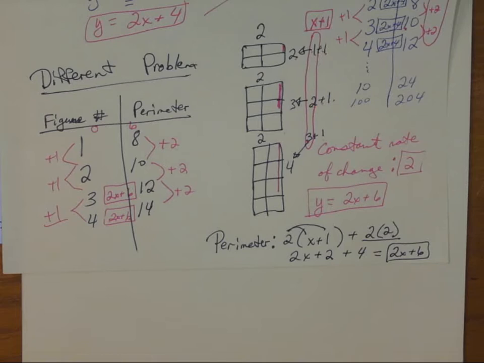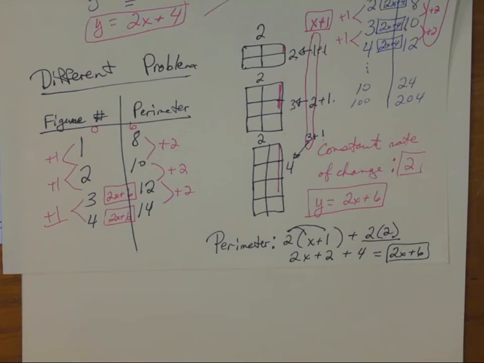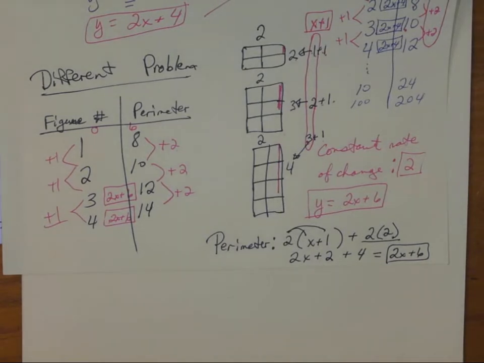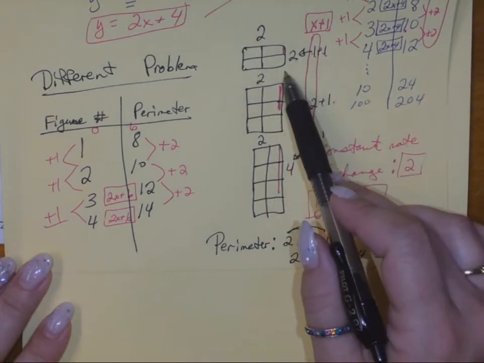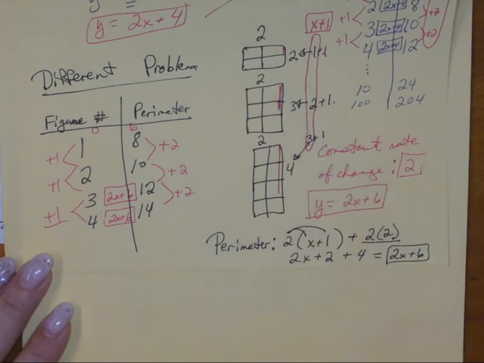So I can kind of compare back to the figure number and say, hey, what the heck is happening in that figure number? And hopefully it will help me to see, oh, that if I can't work with it, then in this case I could have done 2 plus x plus 1 plus 2 plus x plus 1 and just added all those together, but instead I chose to use the perimeter formula and multiply it.